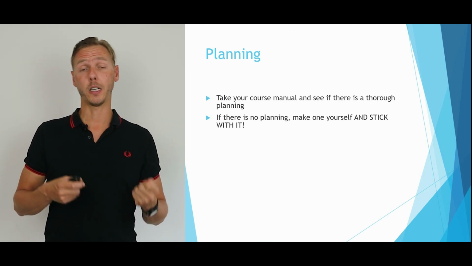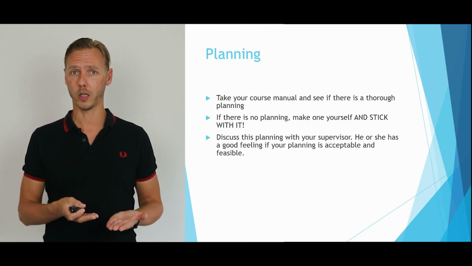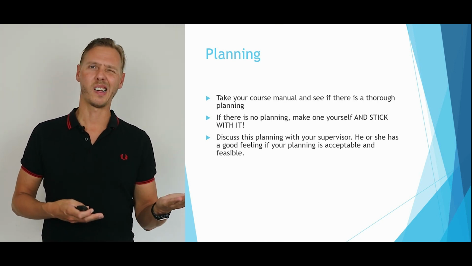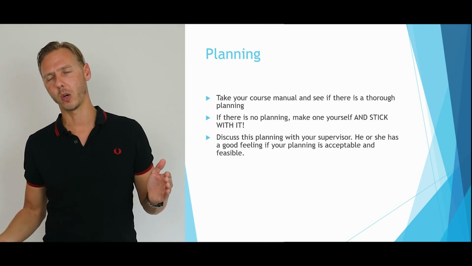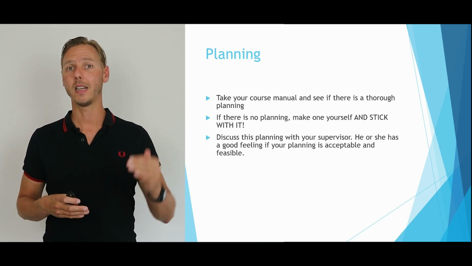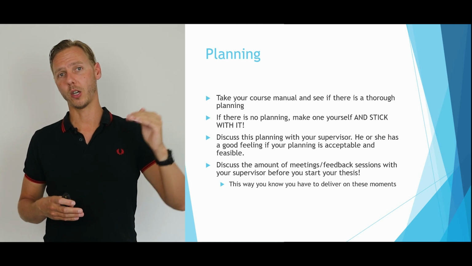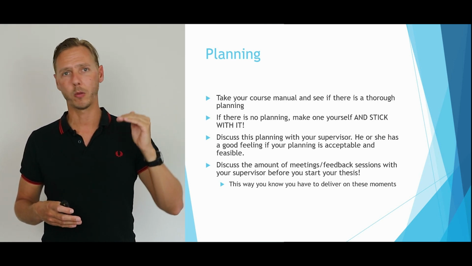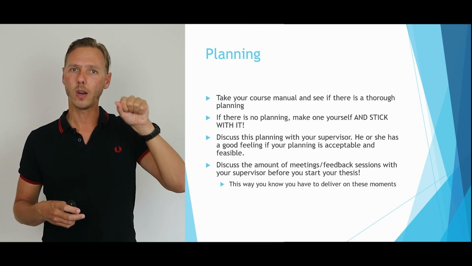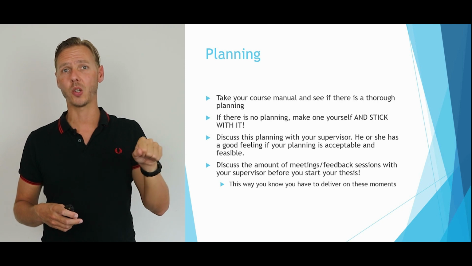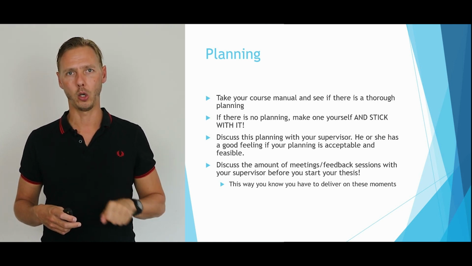If there is no planning, you make it yourself and you discuss it with your supervisor, because the supervisor can tell you, well, this is not realistic, take some more time for this, take some less time for that, etc. And between all those chunks, for instance, after the introduction or after your theoretical framework or after research design, you can make appointments with your supervisor, already schedule them for a feedback loop.